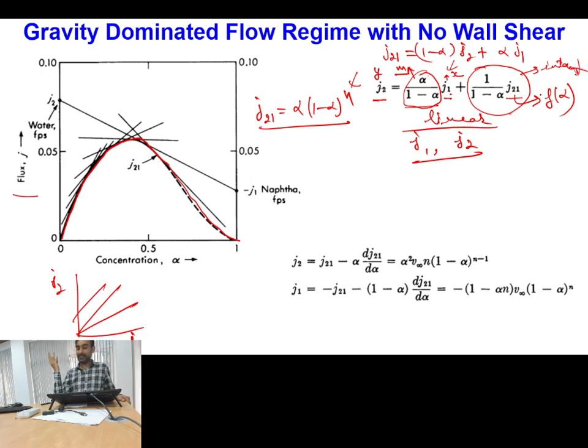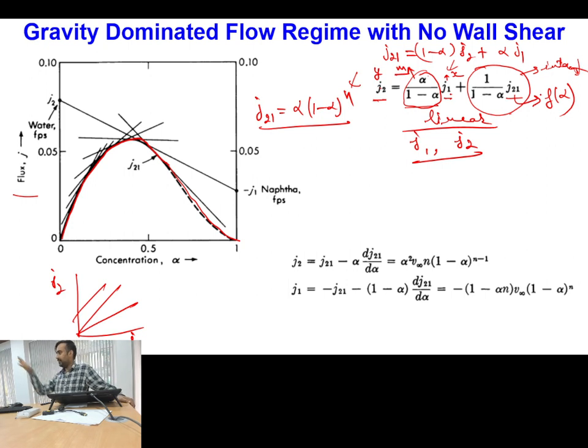There are two things. J2 and J1 are given to you. You can simply use here the equation of J21 and then solve this equation. So for each case you have to solve this equation.